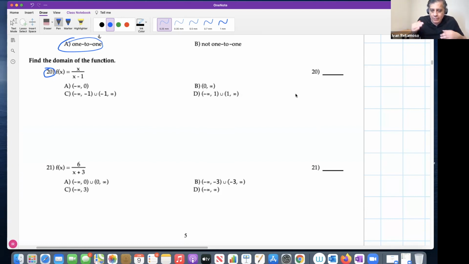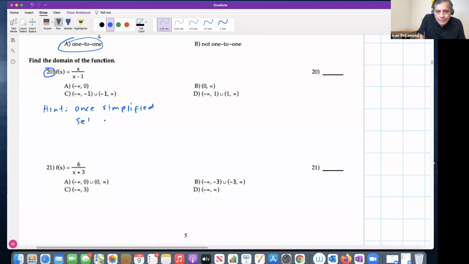So you should be aware of the 3 forms. Yeah, and if you still don't see what's the domain here, hint. 1, simplify.